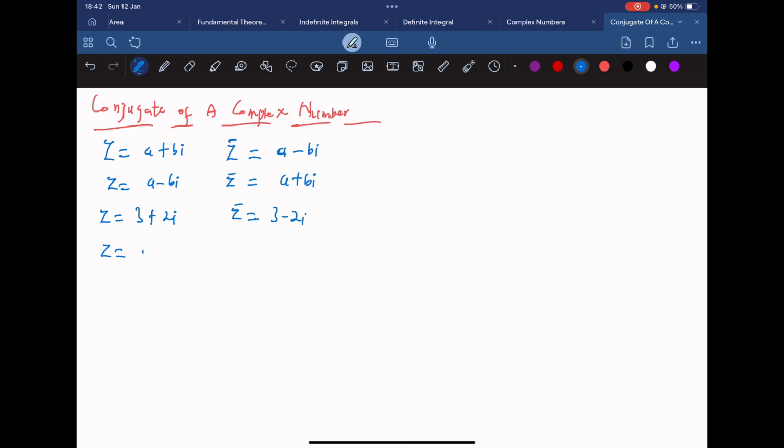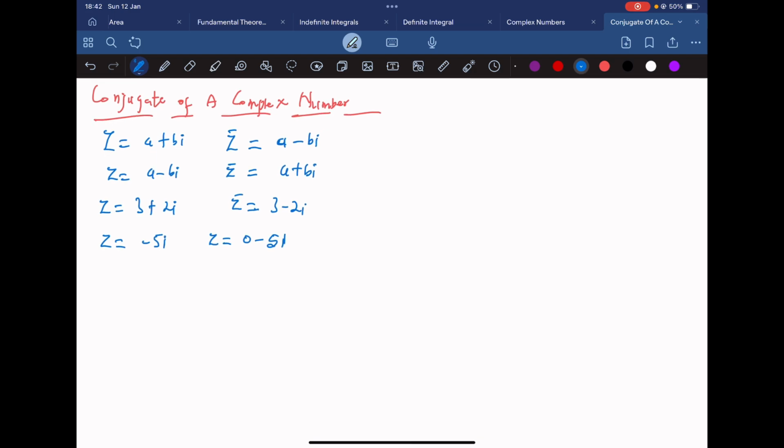Let's say we have negative 5i. Now in this case, remember, negative 5i is the same as writing 0 minus 5i, where 0 is the real part. And if you are to change the sign to positive, the only thing you're going to do is 0 plus 5i, and we can just write this to be 5i.